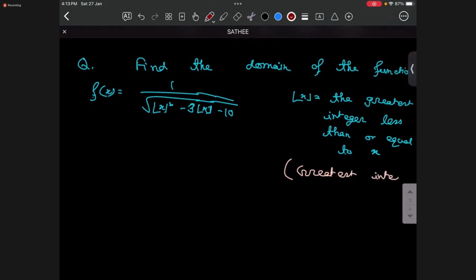Greatest integer. So if you observe clearly, this function f of x is a combination of another function, which is the greatest integer function, right? Okay. So how to deal with this kind of question?